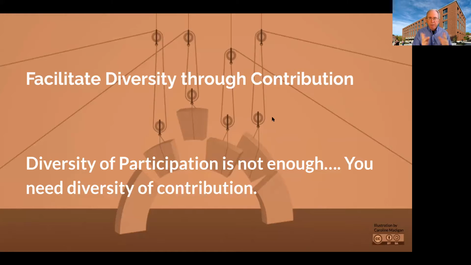So we've talked about the range of contribution, the range of participation, the importance of diversity across both of those. And it really does take the insights of everyone at every level to maybe find the secret sauce. So what kind of leadership is needed to bring this about?